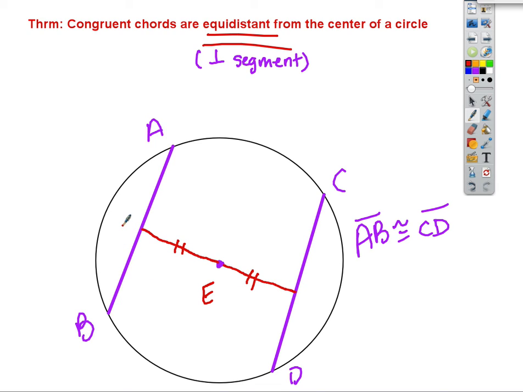So E to F and E to Z are the same distance. That's helpful because, if you remember the other problems about perpendicular segments, we also know that segment would bisect the chords. So to go over it, if these two chords are congruent, the segment that I draw to mark that distance would be congruent. So if AB is congruent to CD, that would imply that EF is congruent to EZ.